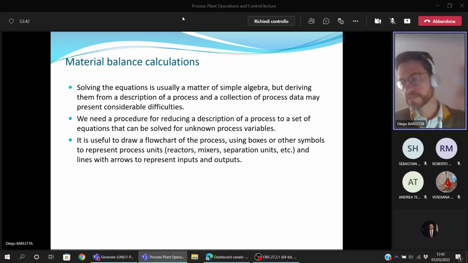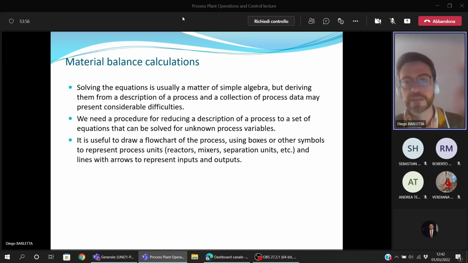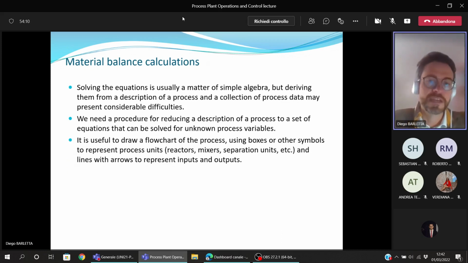Or we will see that there is also a graphical nomenclature that will allow us to represent the different types of process units, like reactors, mixers, separation units, with different graphical symbols. But whatever is the case, boxes or specific symbols, we will have a sequence of process units and lines with arrows to represent input and output material streams.